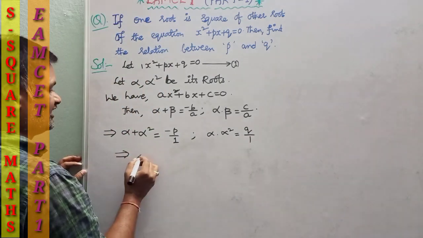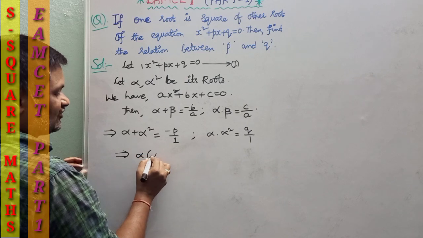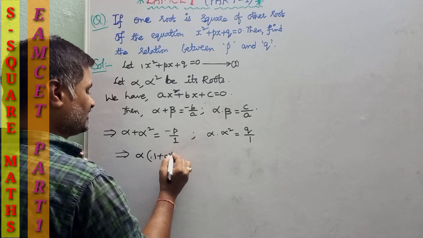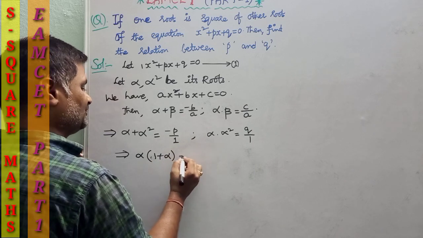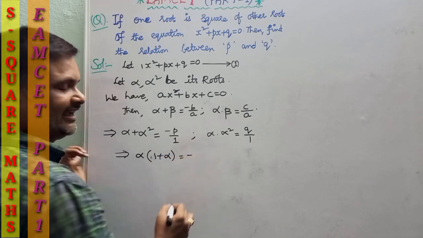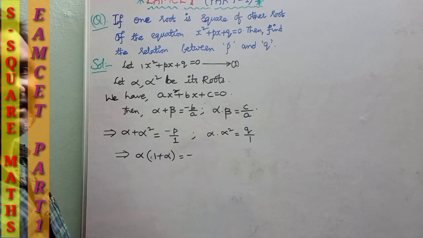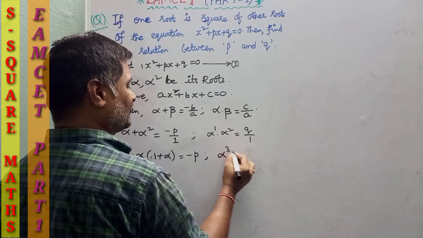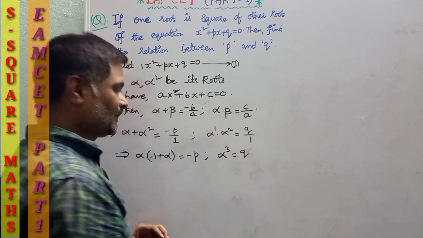Taking alpha common, I can write alpha of 1 plus alpha is equal to minus p, and alpha into alpha square, alpha cube, is equal to q.